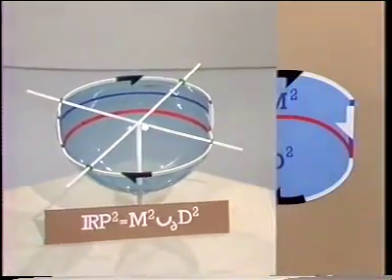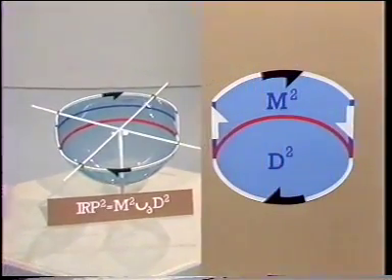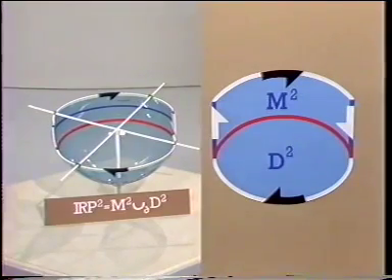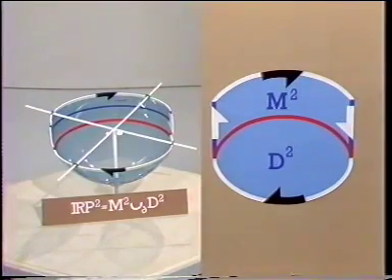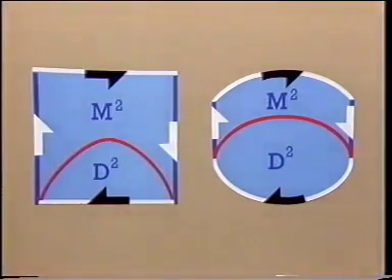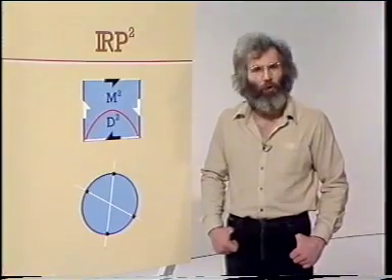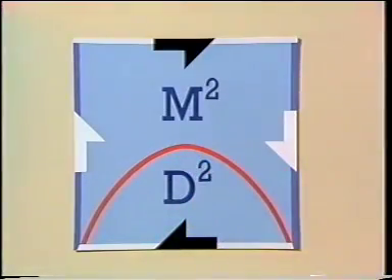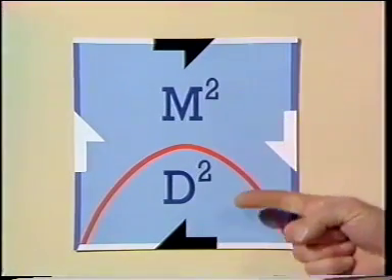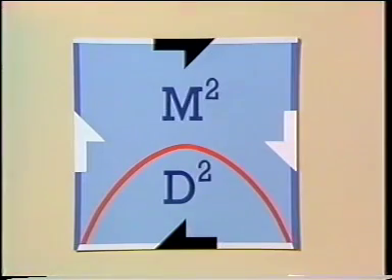And now if we flatten this, you can see how the disk and Möbius band fit into the topologist model. Just deform the flat picture into a square, and you get the topologist model. So all you need to do is to draw this curve on the topologist model, and you can see it directly as the union of a Möbius band and a disk glued along their boundaries.